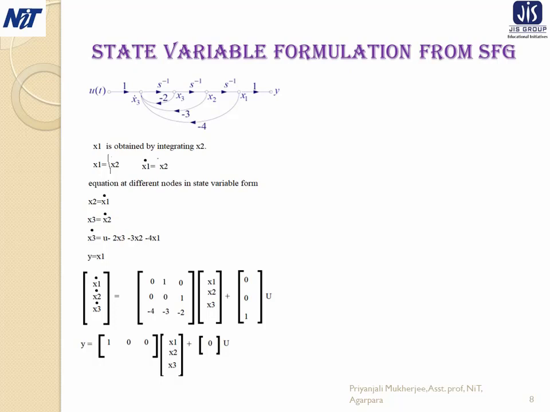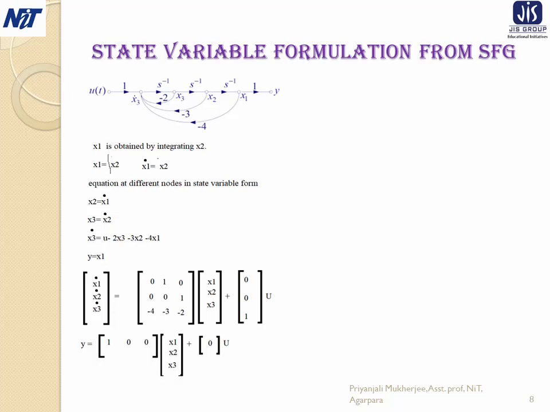That means as there are 3 integrators, n is equal to 3, or the order of this system is equal to 3. So the A matrix will be a 3 by 3 square matrix into x, where x is equal to x1, x2 and x3 in vector matrix form, plus B into u.